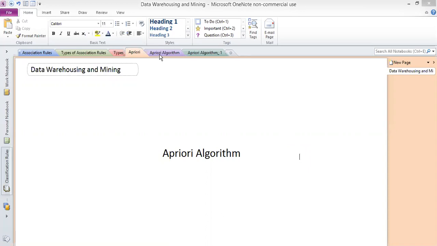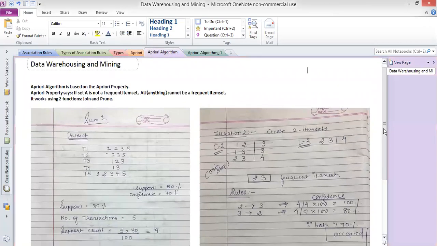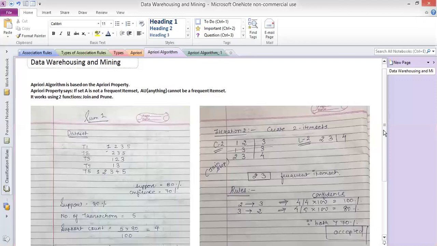We'll begin by first understanding what this algorithm works upon. There's one basic principle that this algorithm works upon, which is called the Apriori property. This property says that if a set A of items is not a frequent item set, then the union of this set with anything else cannot be a frequent item set.